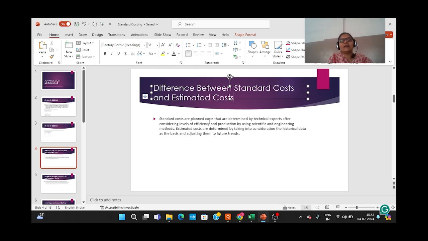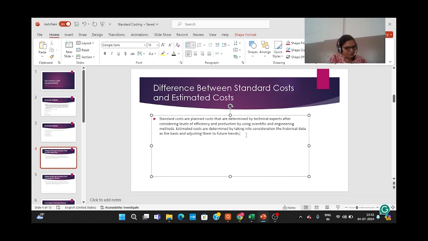Standard costs are planned costs that are determined by technical experts after considering levels of efficiency and production, using scientific and engineering methods. Estimated costs are determined by taking historical data as the basis and adjusting it to future trends.